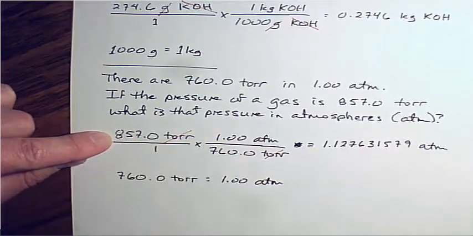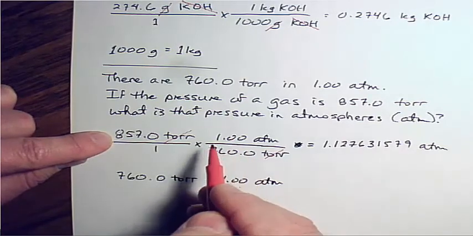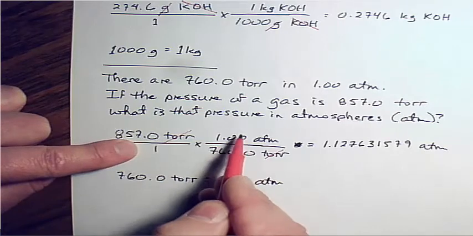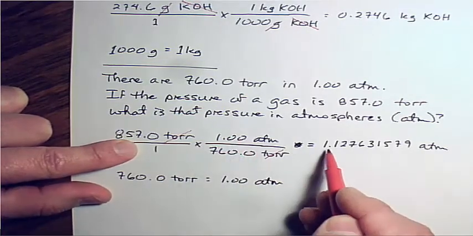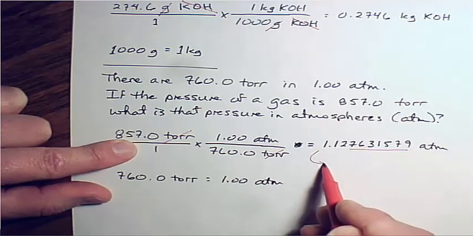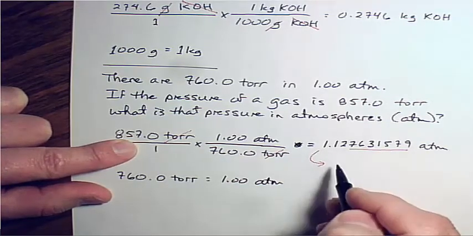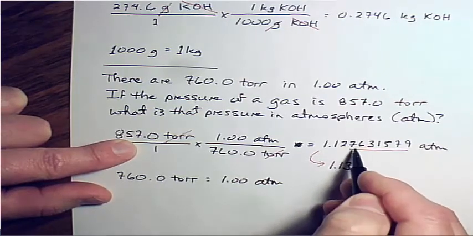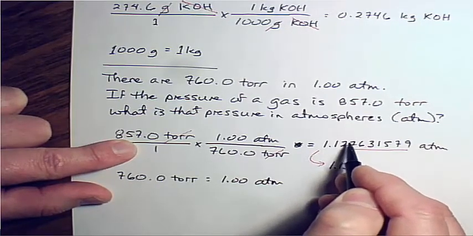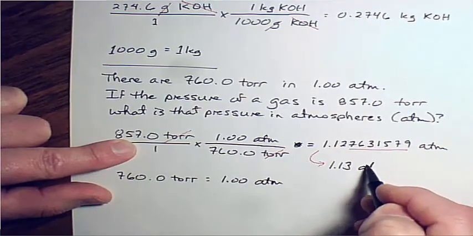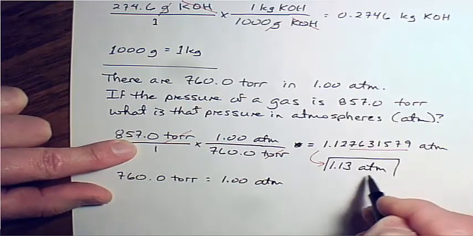Of all these numbers, this one's measured. These are actually calculated, but we don't worry about whether that's calculated or measured. They have decimal places. So this has the least digits, 3 digits. 1, 2, 3. Underline from here over. Draw an arrow to show that we're rounding off. In this case, we're going to round up that 2. So 1.13, that 7 being 5 or greater makes that 2 round up to a 3. 1.13 atmospheres.